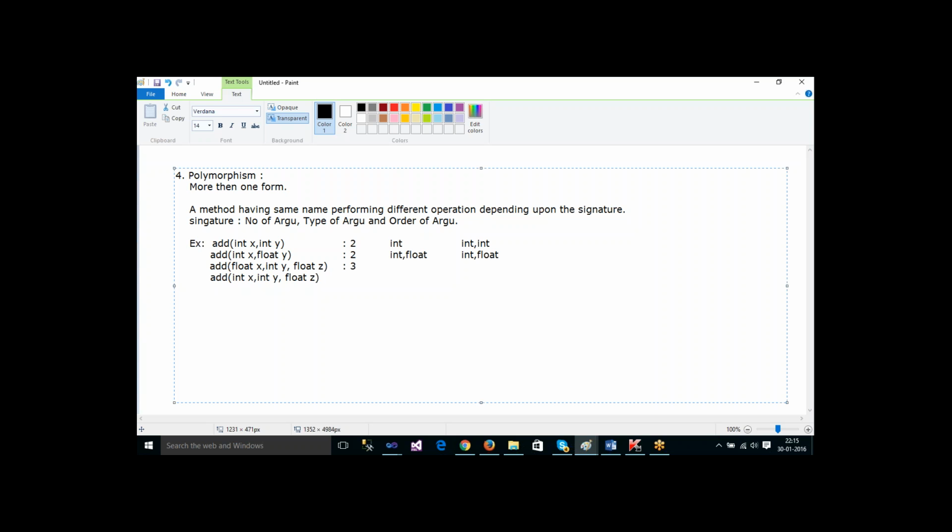Type of arguments? Float, int, you can say anyway. That's fine. Order of arguments? Short, int and short. Yes. Is it clear now? Chandu, last one, number of arguments.